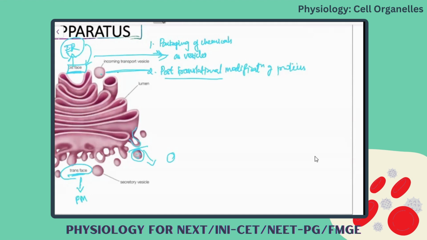Once it is transformed to mRNA, that gives rise to the proteins. So there you have the post-translational modification of the proteins to give rise to the structure of various proteins. That modification is happening because of the Golgi apparatus.